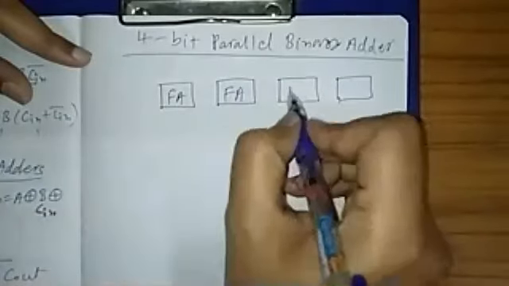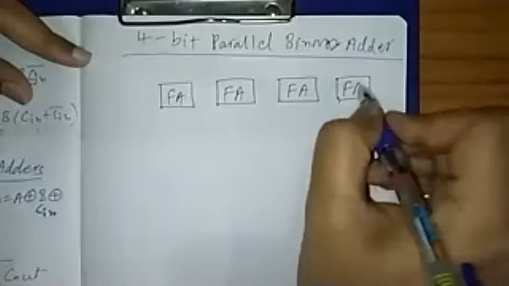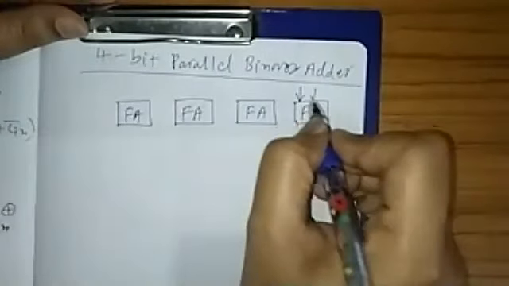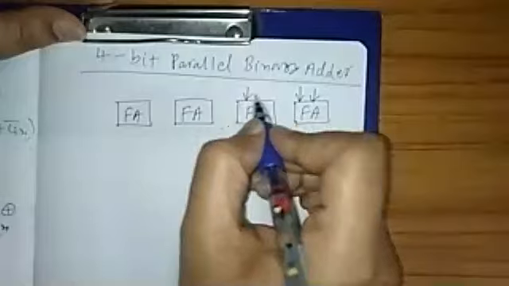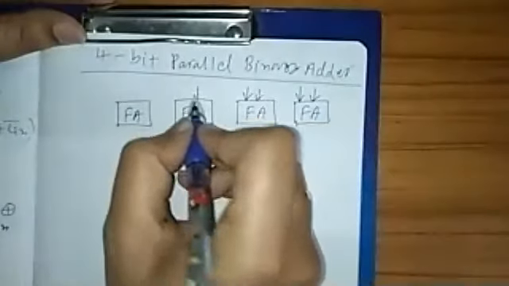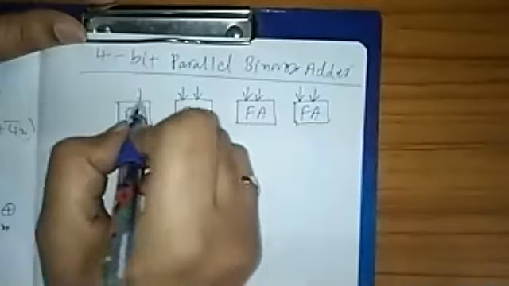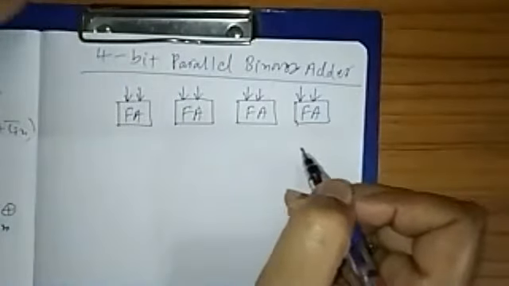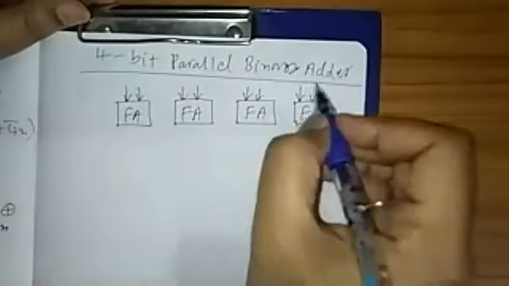Parallel, in the sense that once the previous carry is generated, only then will I get the output of each full adder. Every full adder has to wait for the previous carry. Therefore, it is sometimes called carry propagation or a ripple carry adder.